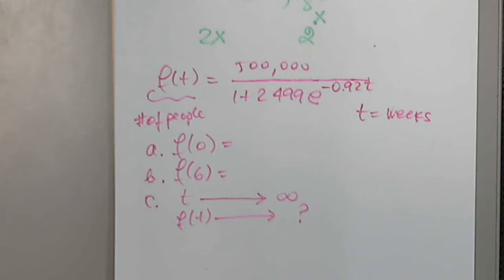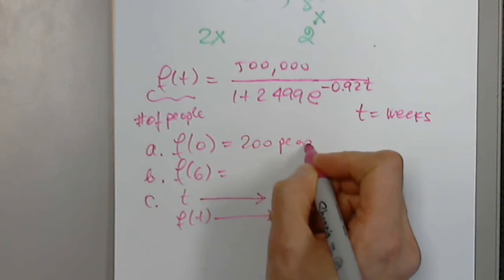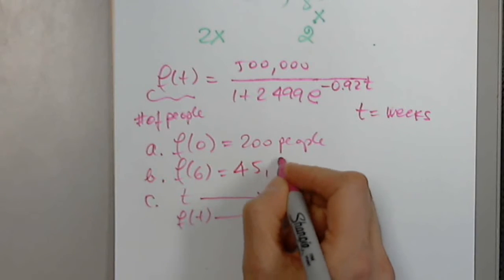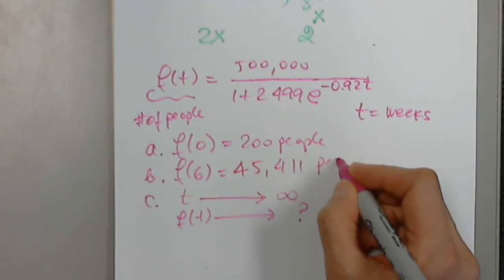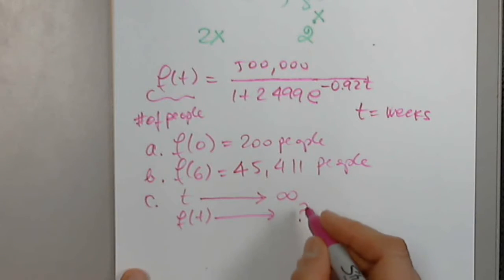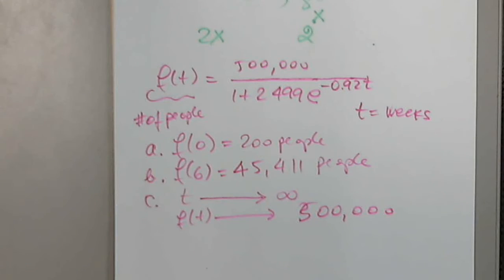So all I have to do is just copy these numbers. 200 people got ill initially. Then in 6 weeks, 45,411 people. And then as time went by, maximum 500,000 people. Cannot be more than that.